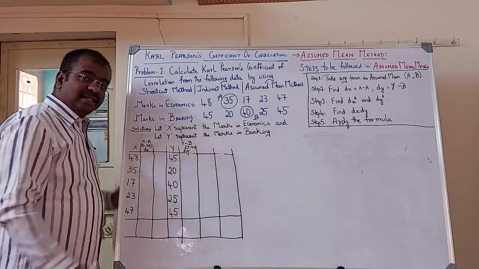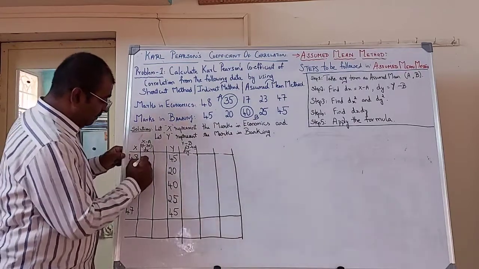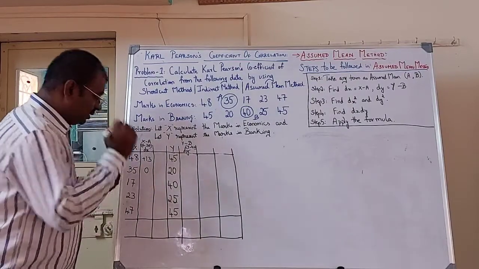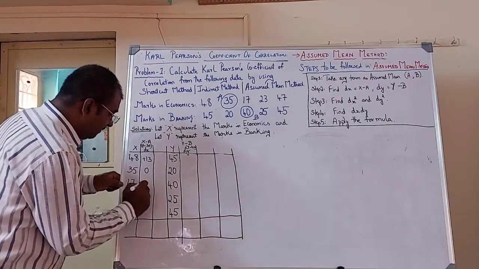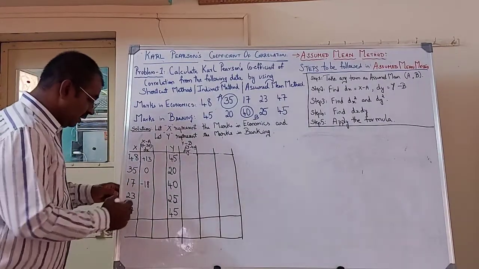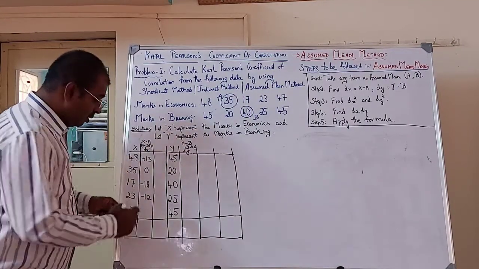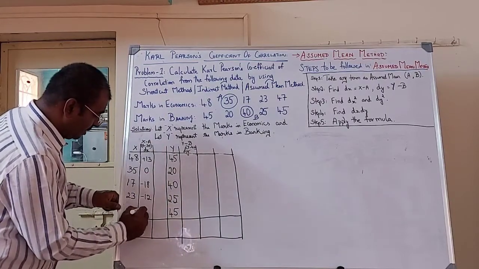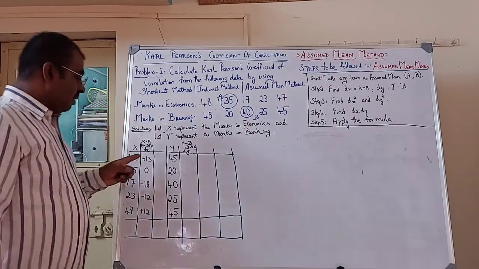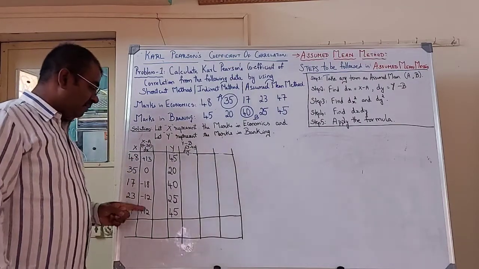So dx, that is calculating the deviation from x, says 48 minus 35 plus 13, 35 minus 35, 0, 17 minus 35 minus 18, 23 minus 35 minus 12, 47 minus 35 plus 12. So these are the values: plus 13, 0, minus 18, minus 12 and plus 12.